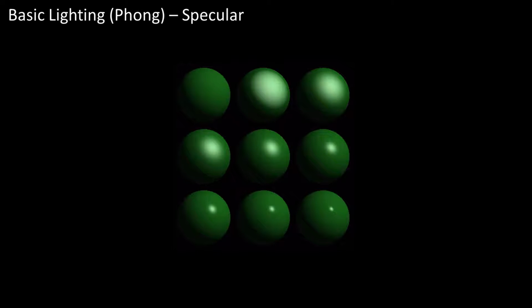The shininess factor will dictate how big the shiny spot is that you see on the object. Here's an example that I pulled from the web, an image showing different shininess factors. I don't know exactly what the values are, but the smaller the value, the bigger the highlight is.